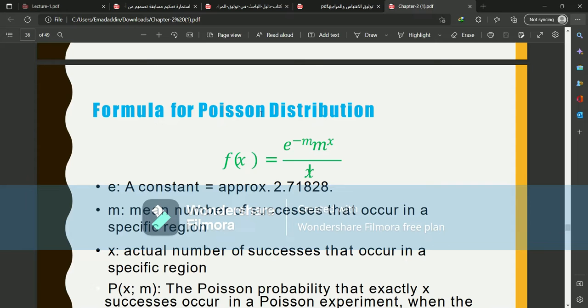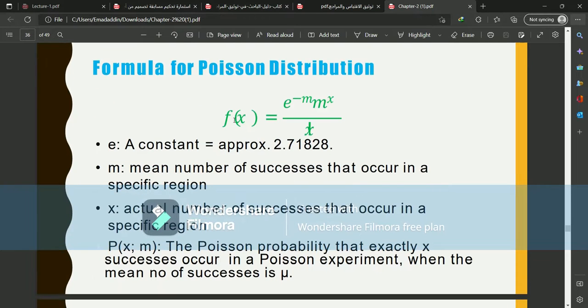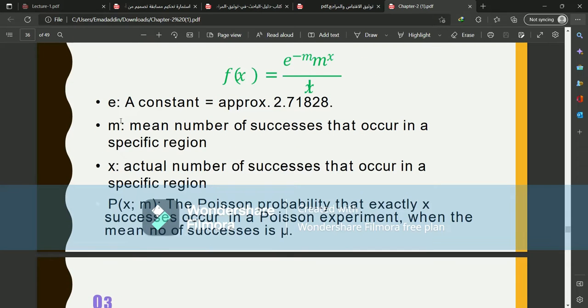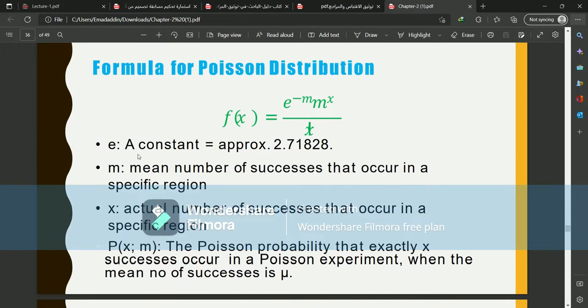The formula for Poisson distribution equals f(x) equals e to the power of negative mu, mu to the power of x, over x factorial. e is a constant which is approximately 2.7182. This is a constant number.